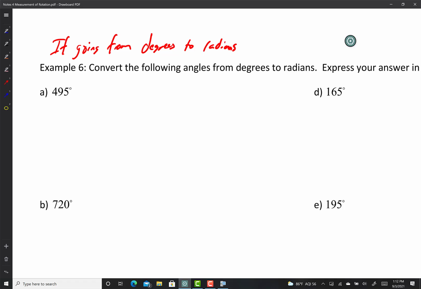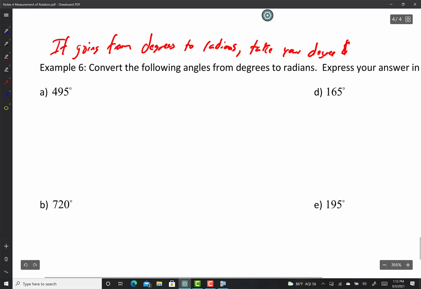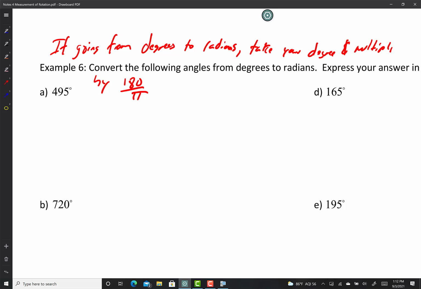So if going from degrees to radians, take your degree and multiply by, before we did pi over 180, so now we're going to do 180 over pi. Oh, the other way around.